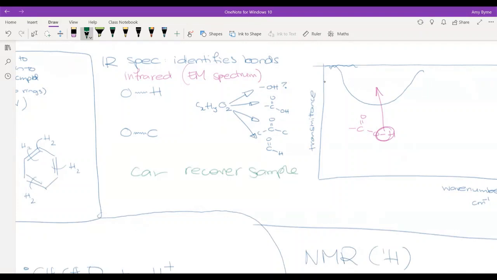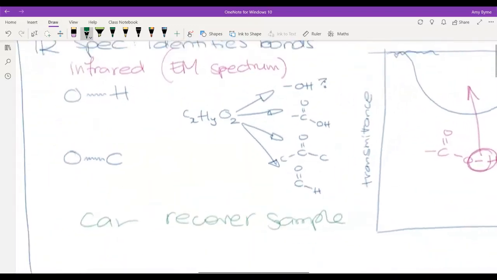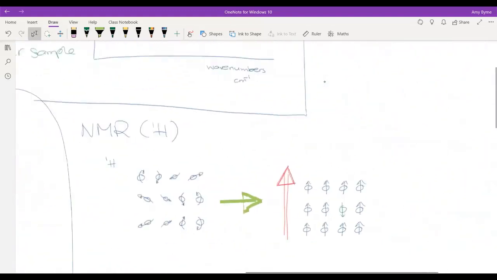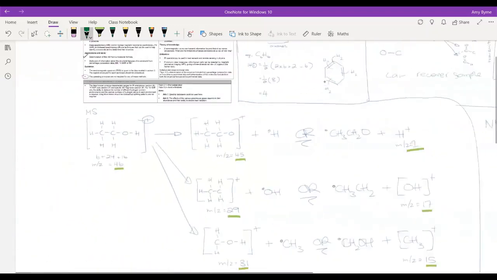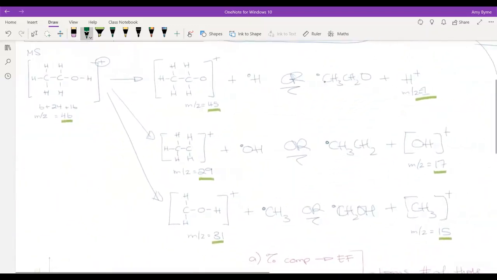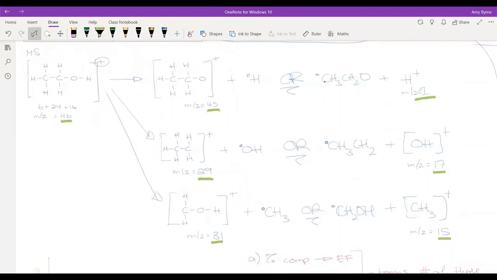So if, for example, you're running a blood test on a cyclist in the Tour de France to see if they've got steroids in their blood, you would want to use something like infrared or NMR, because you can recover the sample. Whereas the entire point of mass spec is that you are breaking apart that compound.